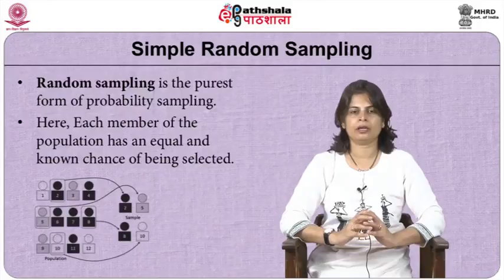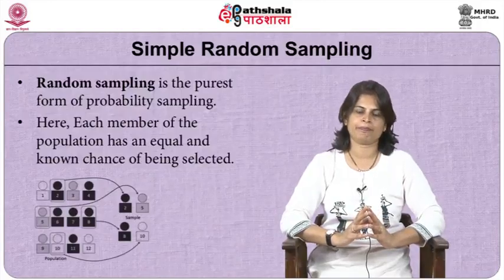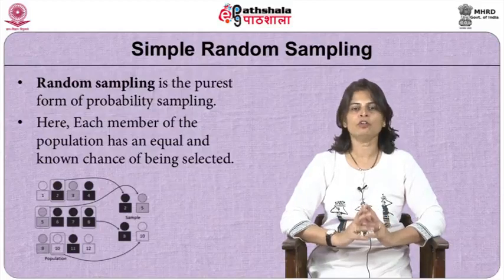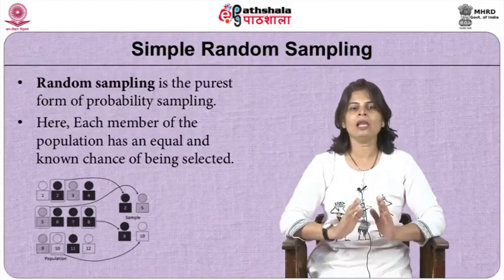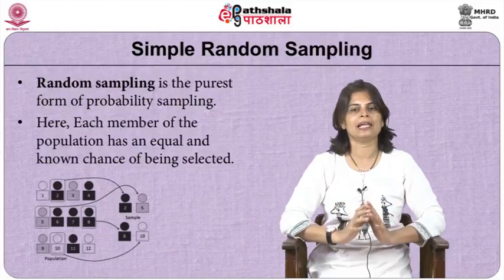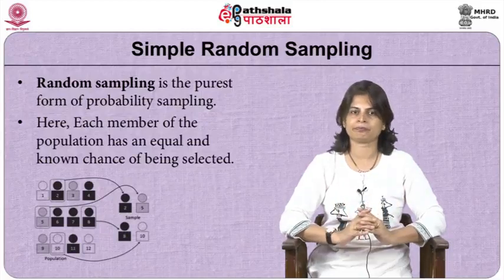Let us see the basic and the foremost, simple random sampling. Random sampling is the purest form of probability sampling. Here, each member of the population has an equal and known chance of being selected into your sample.